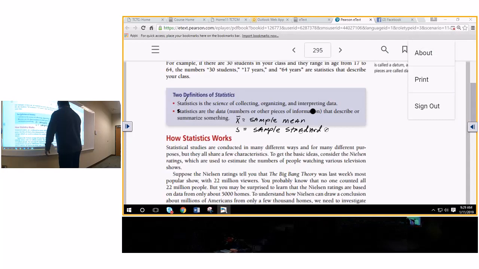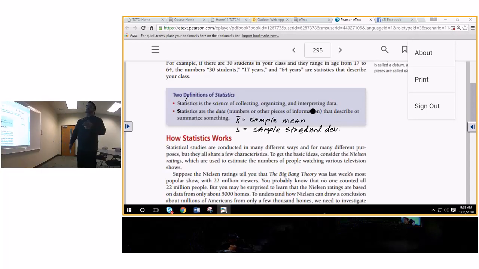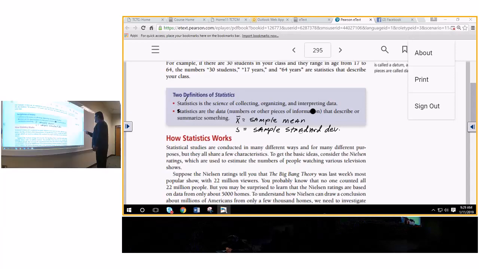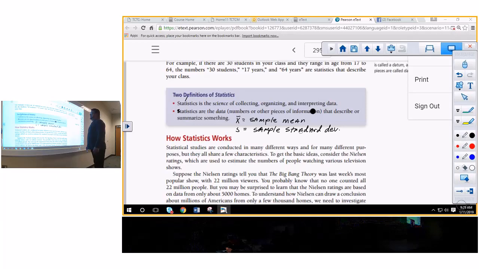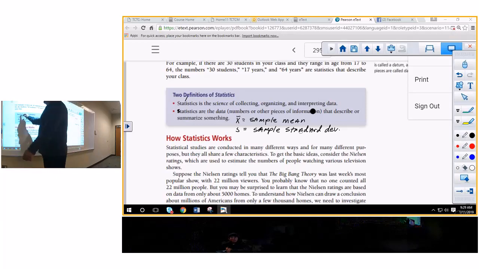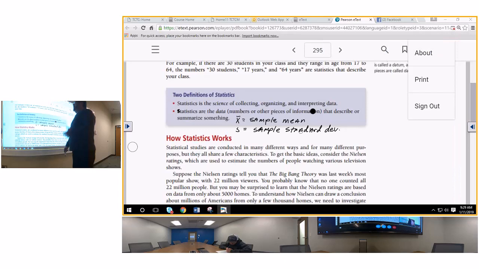Standard deviation. Now, you'll see when we get to the parameters in the population that they change. That's from the perspective of sitting in an audience, seeing a presentation on statistics, and knowing the difference between the two. That's why we need to know what's what.